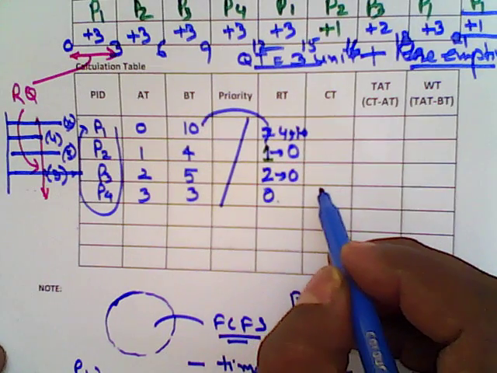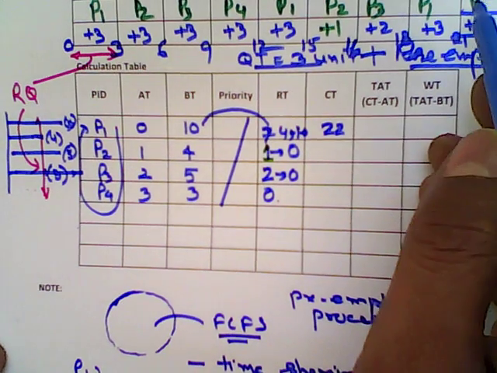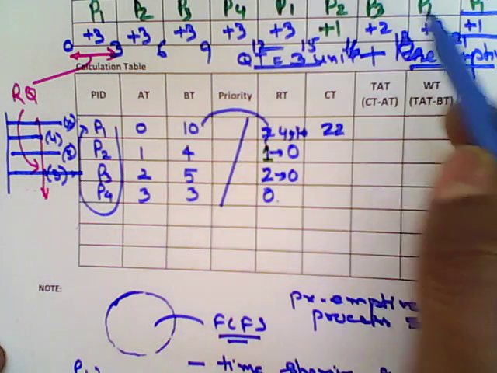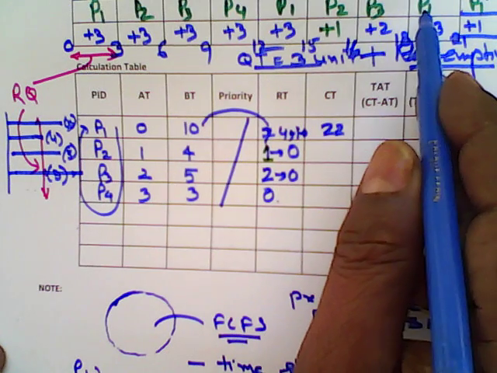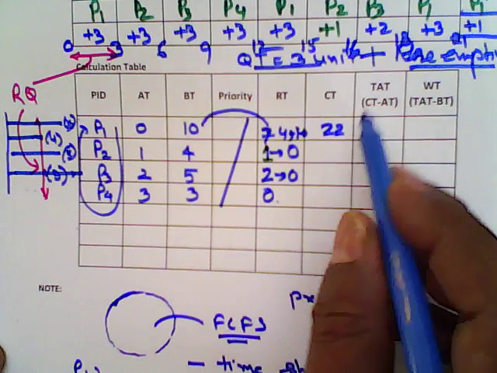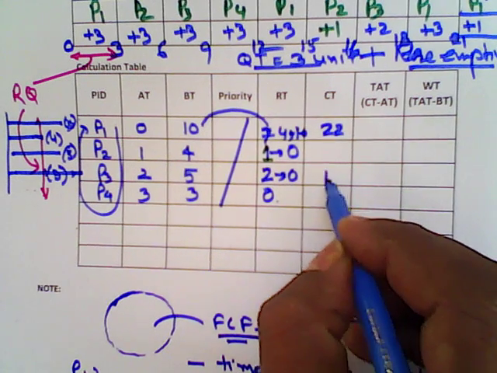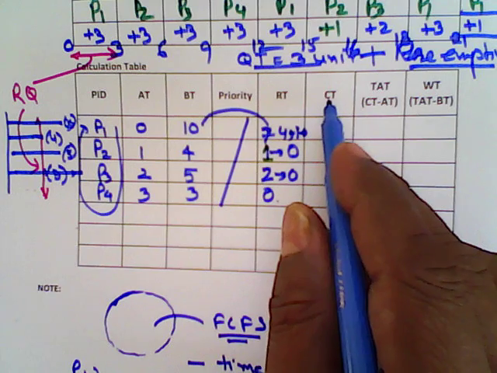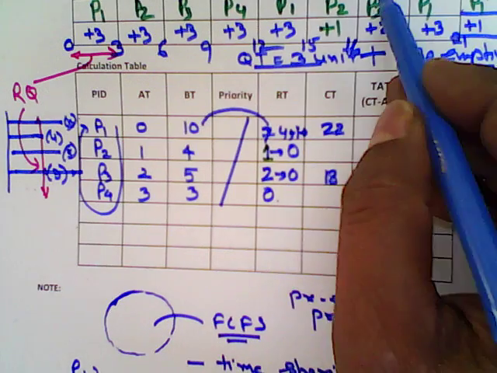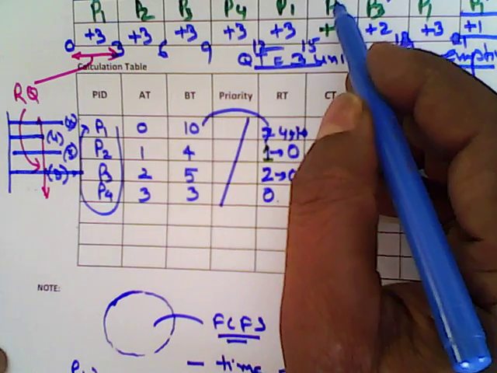Before that is P3, which is 18, so we consider 18 as the completion time of P3. Once P3 is considered, we look for P2. P2 is 16. After P2, what is remaining? P4, which is 12. So we have covered everything.